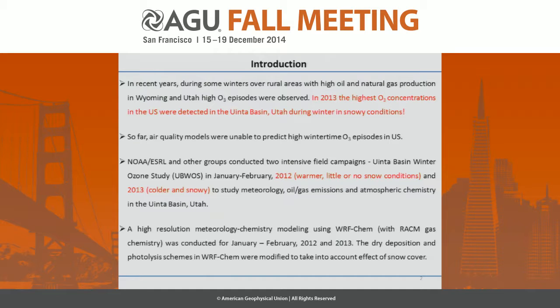Interestingly, in 2012, it was warmer and no snow, and consequently, no high ozone was experienced. In contrast, 2013 was snowy, colder, and very high ozone concentrations were observed. So what we did, we used a coupled meteorology chemistry air quality model, WRF-Chem, to simulate both these time periods.